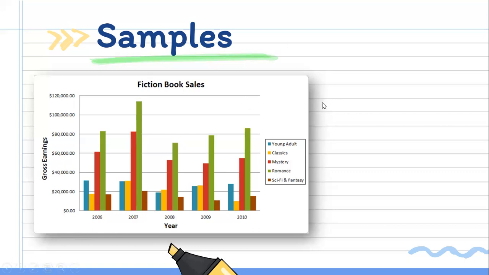This bar chart gives information about fiction book sales, which are divided into 5 categories: young adults, classics, mystery, romance, sci-fi, fantastic. So, do you have any ideas to divide them? Jung, please divide the categories.